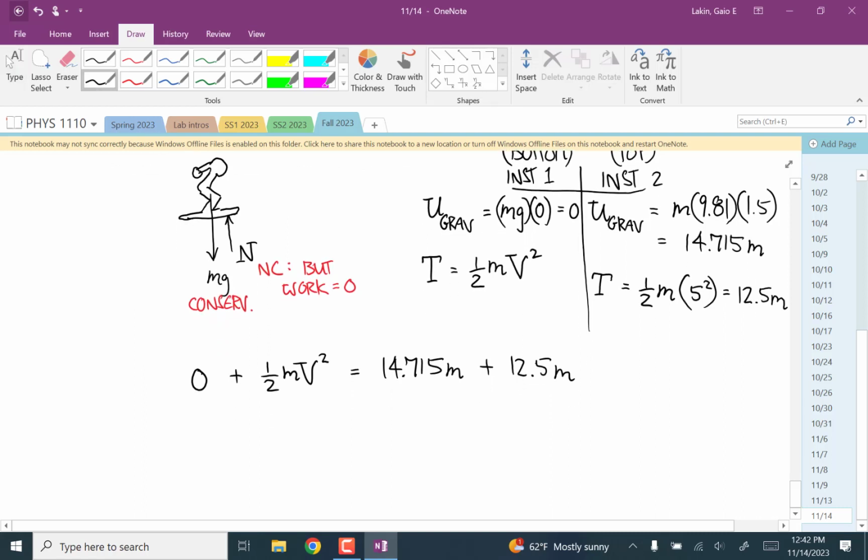Since everything is multiplied by m, you can divide both sides by m and those go away. And that's where you see, okay, the skier could be 200 kilograms or 20 kilograms, and the answers will all be the same.